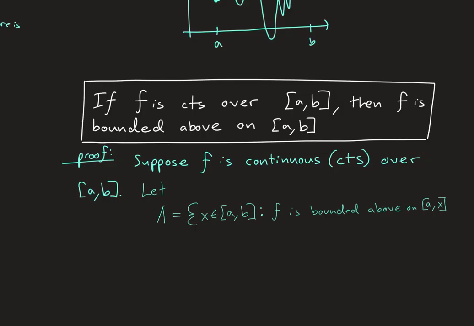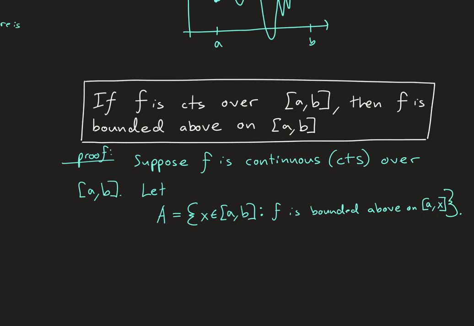Okay. I'm going to talk about this set right here. What I want to do, first of all, this is going to be really important. Our goal is to show that this set A is actually the entire interval. That way, we can say that if this set A equals simply the interval from a to b, then that means that by definition, f is bounded above on a to b. That's our goal.